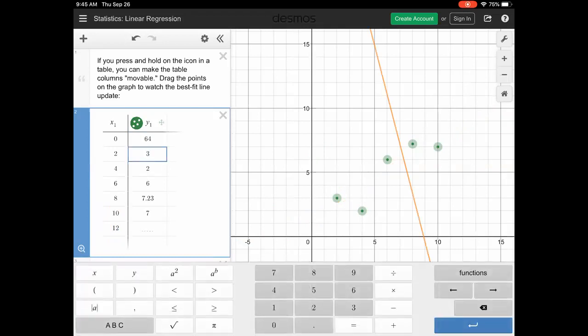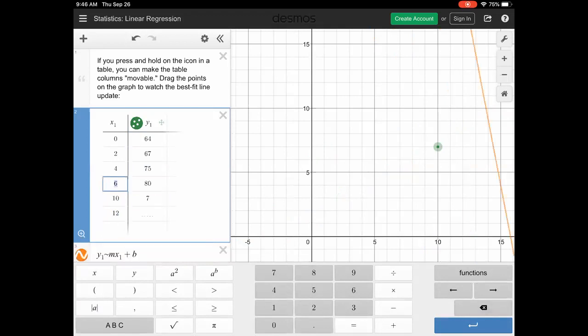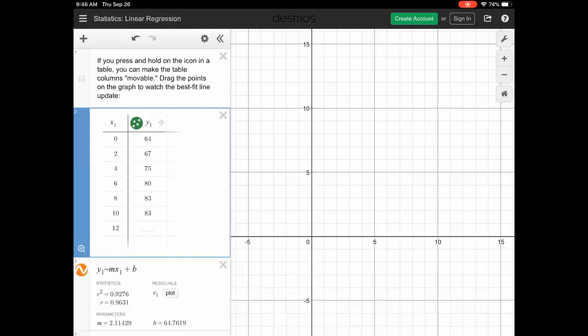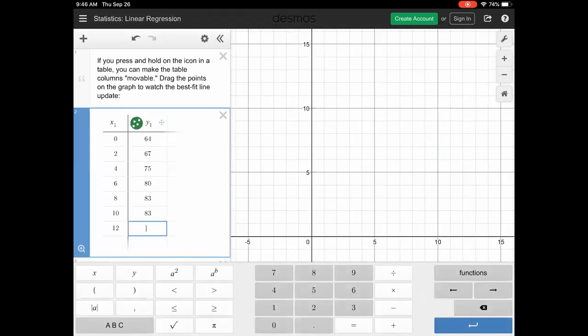And as I'm changing, it just goes through and changes with whatever I do. 75, 80. Now it's behaving. 83. Oh, as I said that, I gave it praise. Can't give technology praise. 83, 83, and 82. Come on. Phew. Okay.